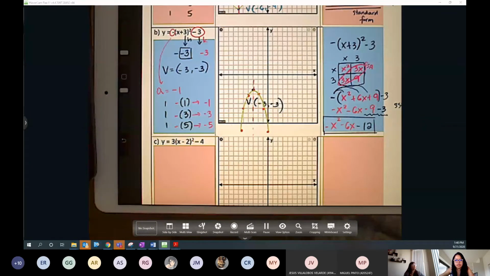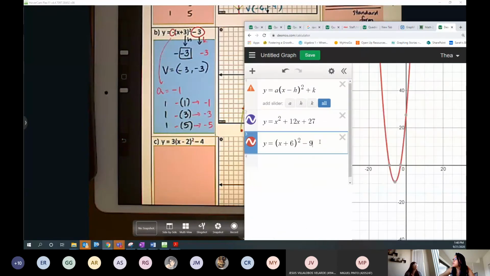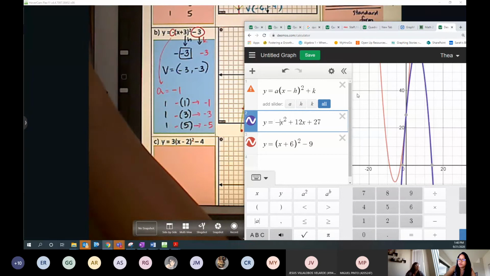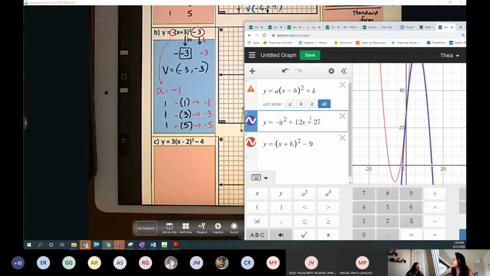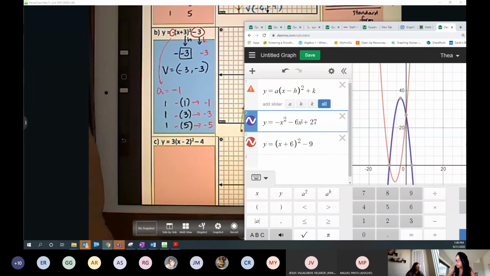Next, I'm just gonna use Desmos. And it's a negative x squared minus 6x minus 12.